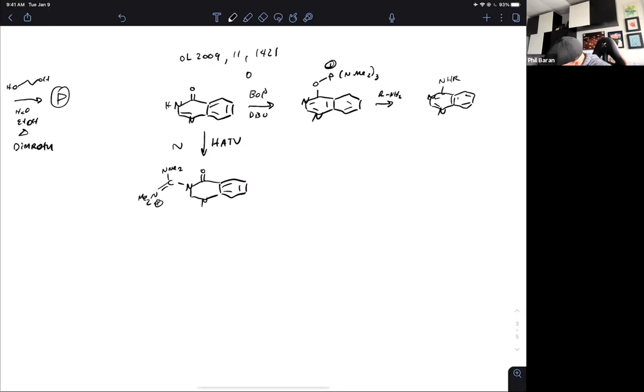Now that uronium intermediate can open up to give you this intermediate. And upon reclosure, guess what the product is?